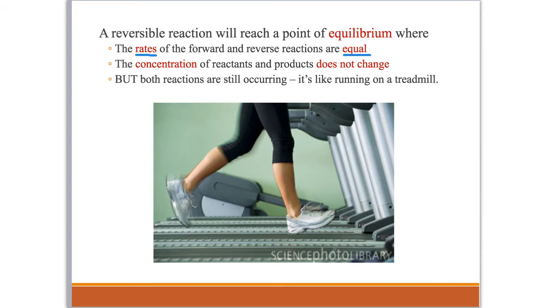So the amount of product that is being made, reactants going to products, is exactly the same as the amount of product that's turning back into reactant. So the end result is that the concentration does not change. If we're measuring the amount, then we don't see a change in the number, but both reactions are still occurring. And so it's like running on a treadmill. The treadmill is moving, the feet are moving, but the person is not going anywhere, and they are at equilibrium.